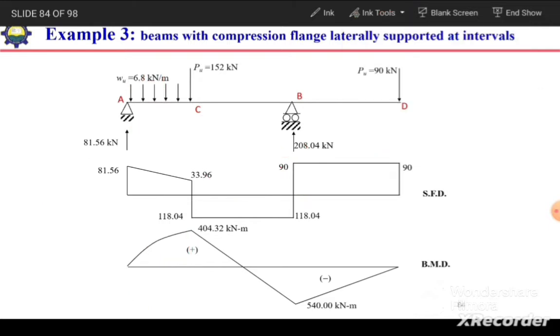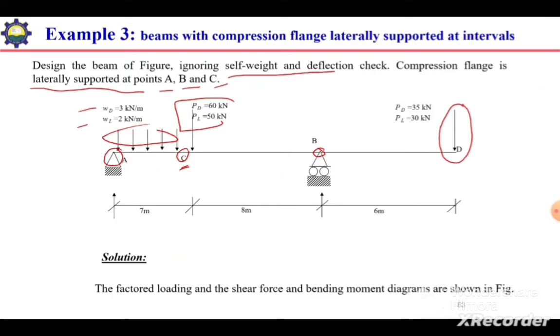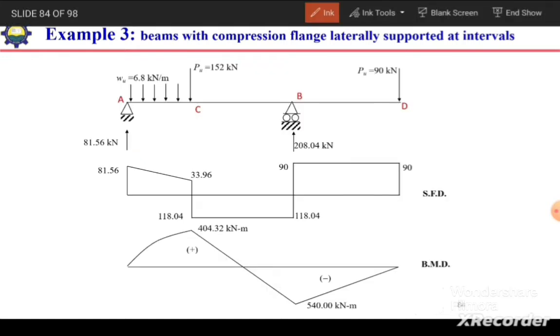We need the bending moment values in this segment from C to B. The maximum value is at this point, which is 540, and as the total distance is 8 meters, we need the values at 2 meters, 4 meters and 6 meters from this spot B. Either we can use these triangles, and by comparing them we can calculate the values, because we know this ordinate and we need to calculate the values over this much length in between.